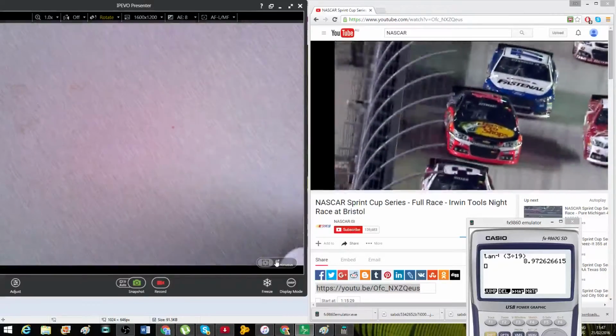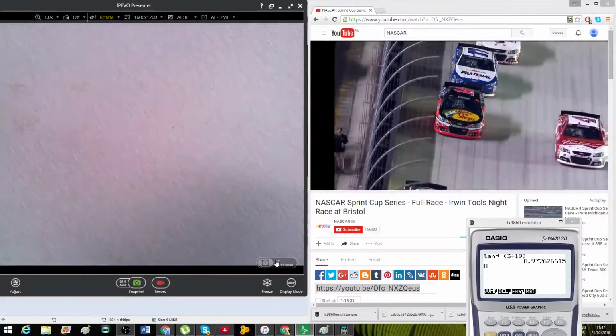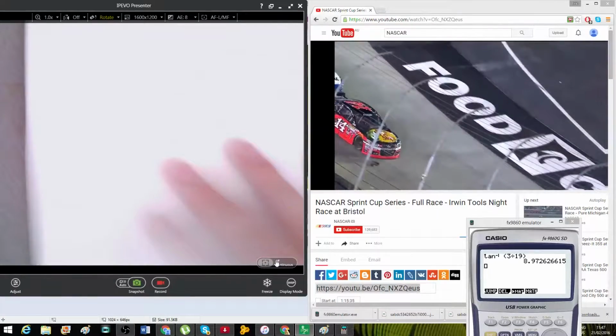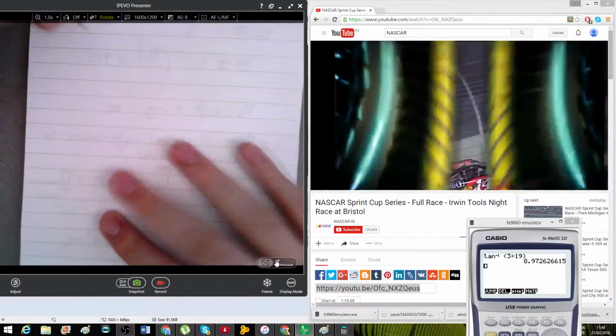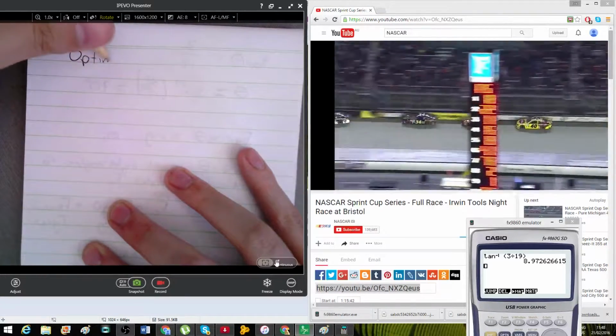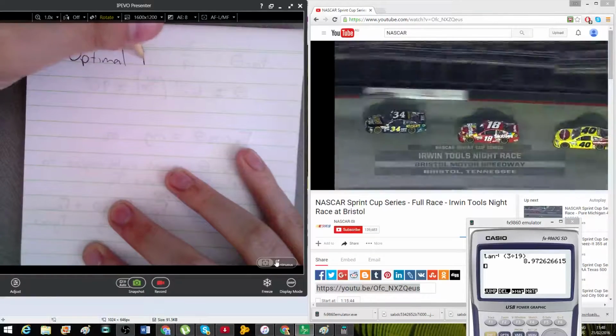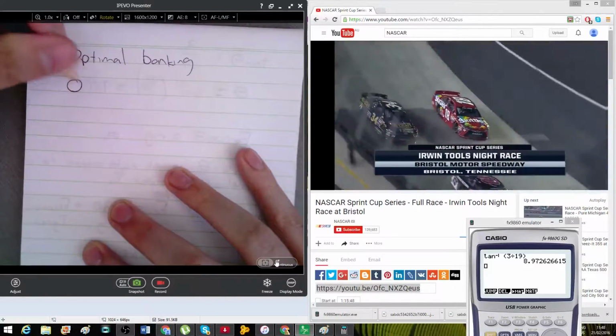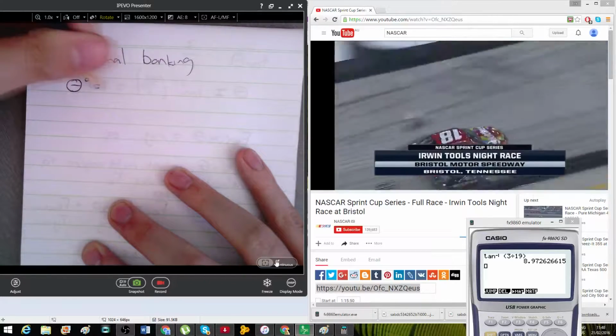It looks like a pretty sharp turn. So the case is optimal banking. I am going to use the angle of 9 degrees.